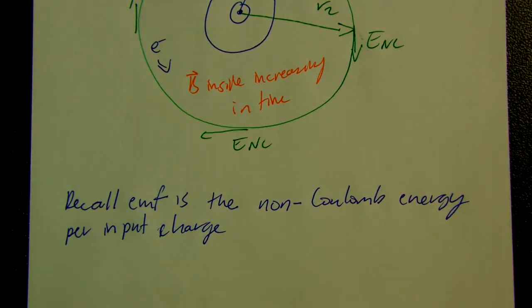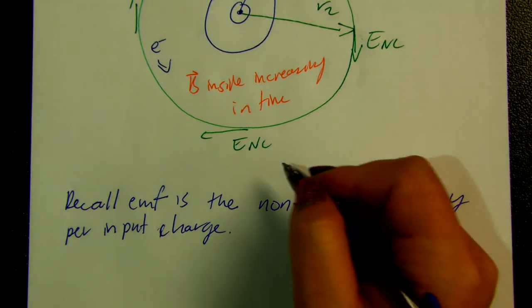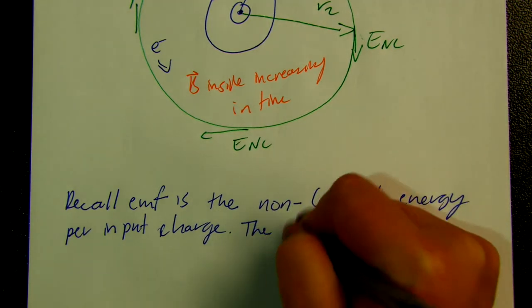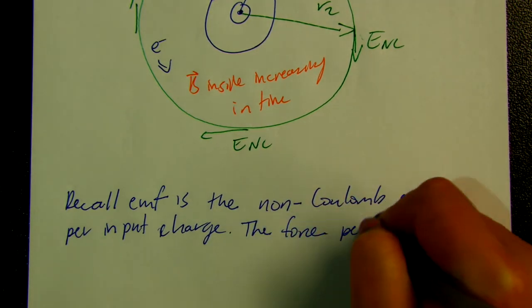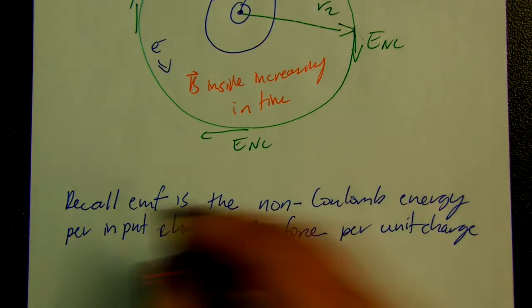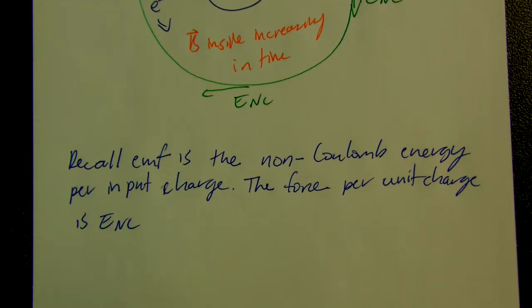It is non-Coulomb energy per input charge. I know, it's another misnomer. And so the force per unit charge is ENC, which we've just talked about. So we can use this to go after EMF.